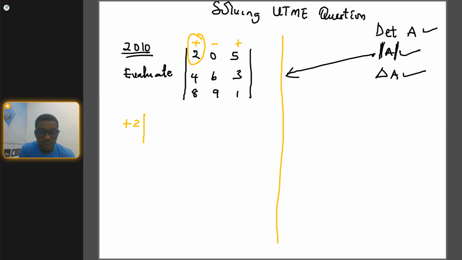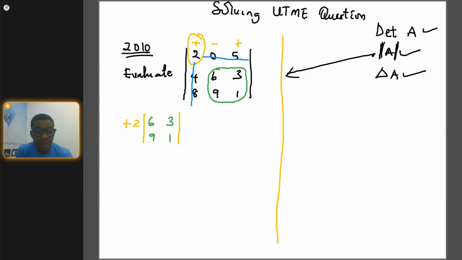You have to cancel wherever this particular 2 is connected to, cancel this, and write the remaining ones. So you'll be writing inside the matrix 6, 3, 9, 1. Then you can close back the matrix.